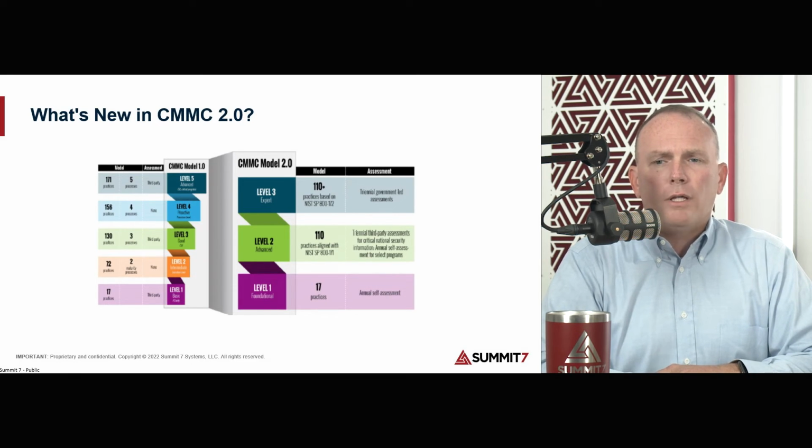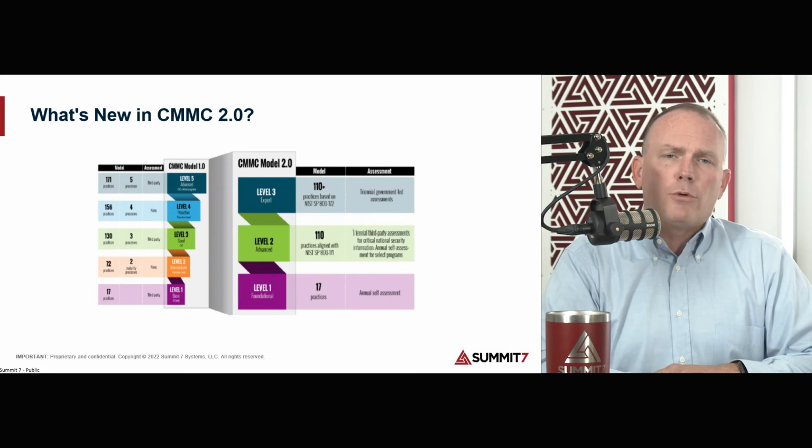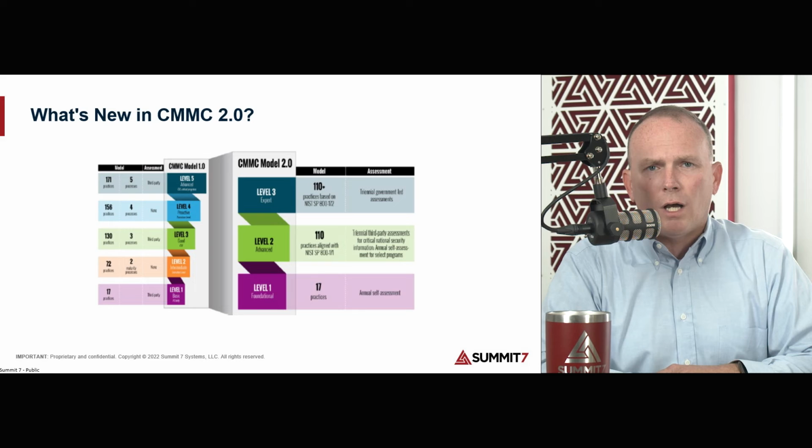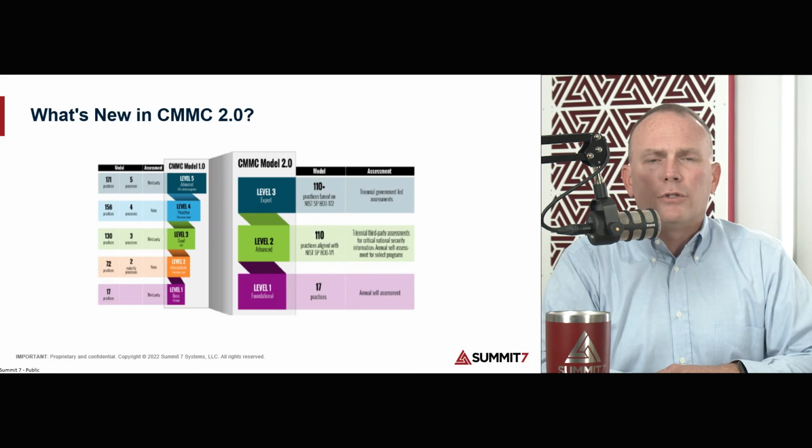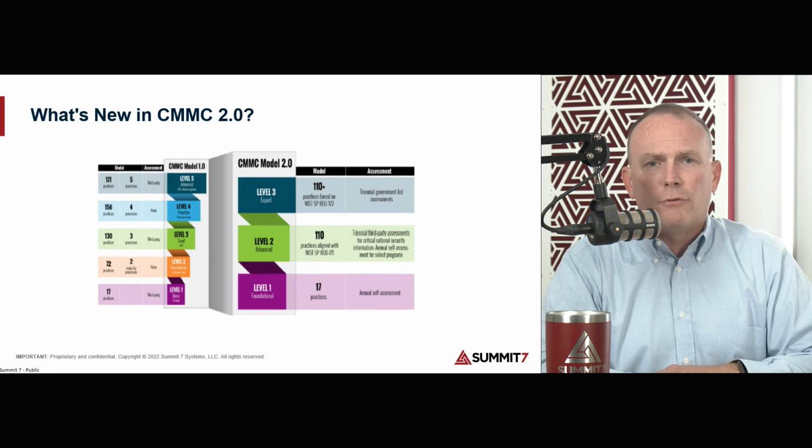The only companies that will be at level 1 are companies that only deal with federal contract information, or FCI. If you have 15 contracts where you only deal with FCI and you have one contract where you deal with CUI, then your company is going to be assessed at level 2, not at level 1. You're going to be assessed at the highest level of the data you handle across all of your contracts.